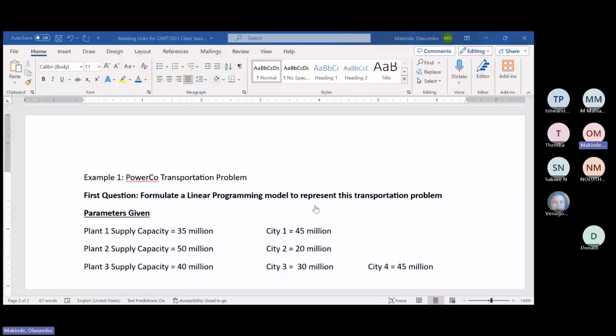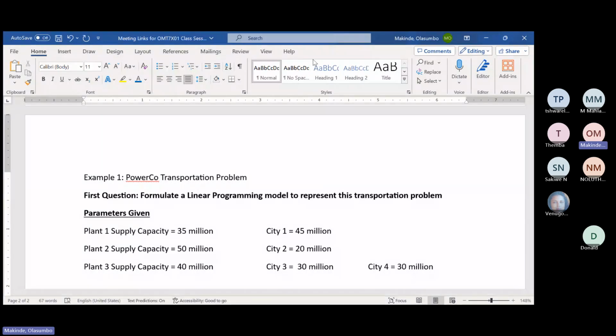City 4 is also 30 million, yes. City 3 and City 4 have the same demand requirement, 30 million. So that is what we are given up to that stage in the scenario. So as soon as you read the scenario, when you identify the suppliers and the customers, note it down like this. So at this stage, we'll pause here.